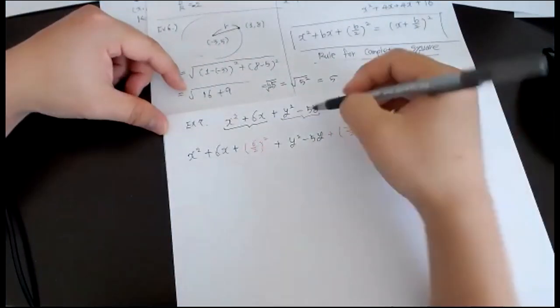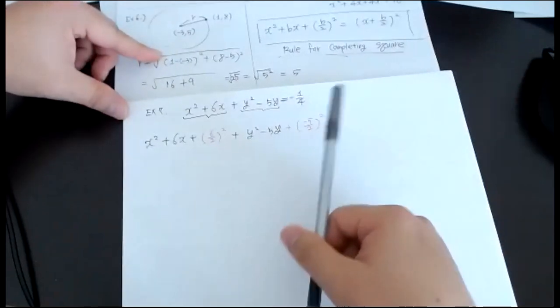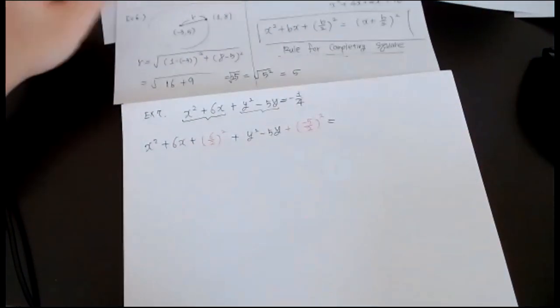But this is an equation, right? There is an equal sign there. So when you do something on the left hand side, we have to do the same thing on the other side. Don't forget that property of equalities.